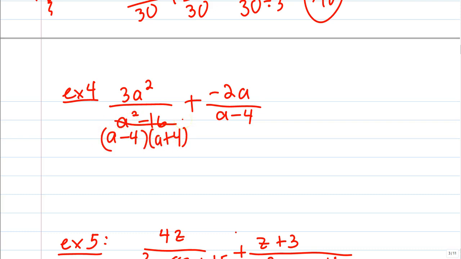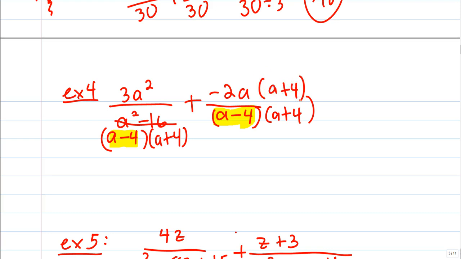So if I'm giving these a common denominator, they both already have an a minus 4. I don't need to do that. They both already have that. What the second one needs is it needs an a plus 4. So you make them the same by only giving it what it needs, not all this extra junk. Just multiply and give it the a plus 4. And if I do that to the bottom, we will also do that to the top.